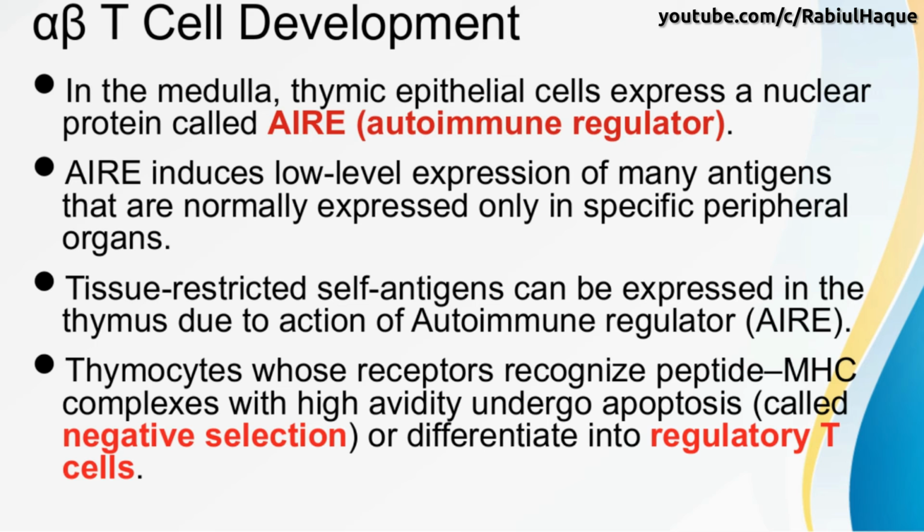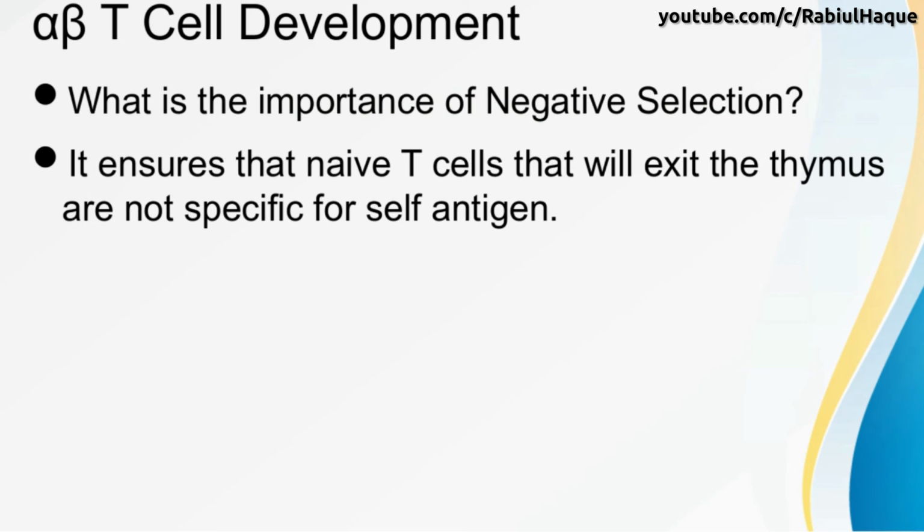So the last bullet point is very important, because here we can see that thymocytes, whose receptors are recognizing peptide MHC complex with high avidity, are either dying by undergoing apoptosis, or they are getting differentiated into regulatory T cells. So what is the importance of negative selection?